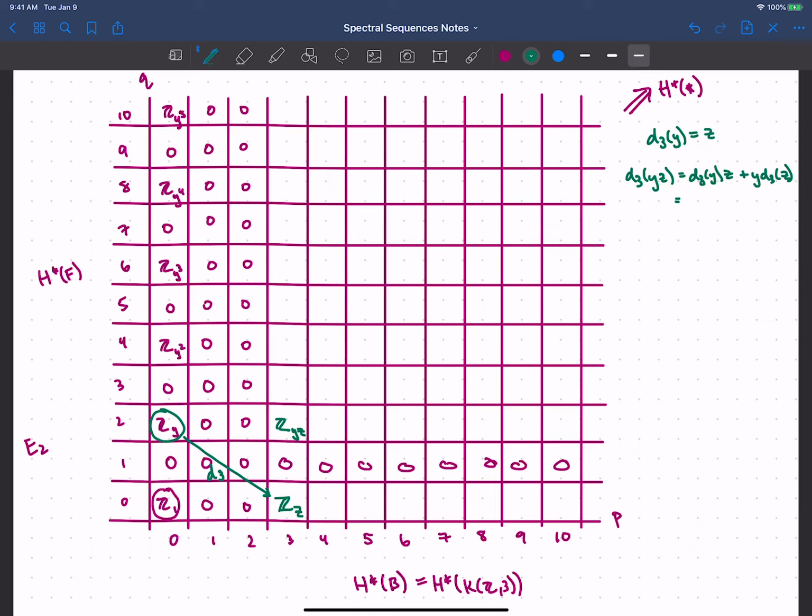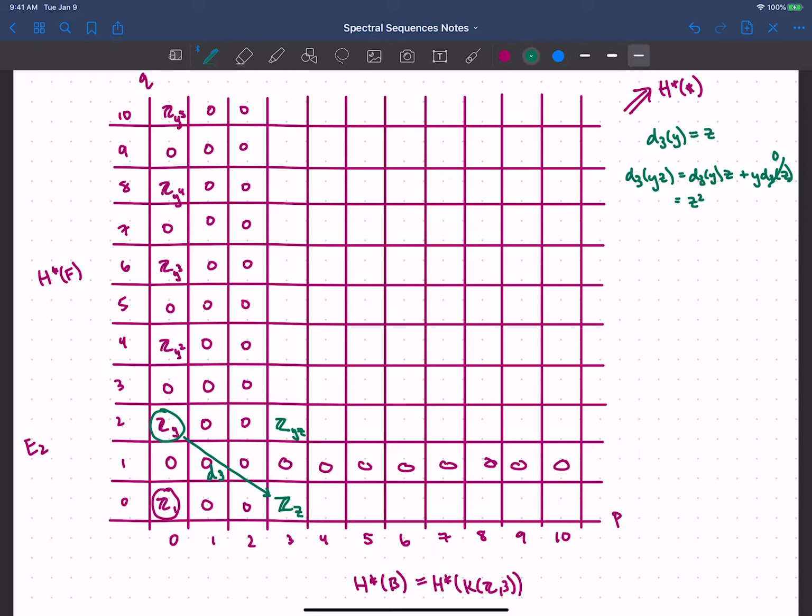Well, z is on that bottom edge, so it doesn't support a differential. So I really just have d3 of y times z, and so that's just going to give me z squared. Now, z squared could be 0. I don't really know. But if it isn't 0, then it's something that lives in degree 6 here.